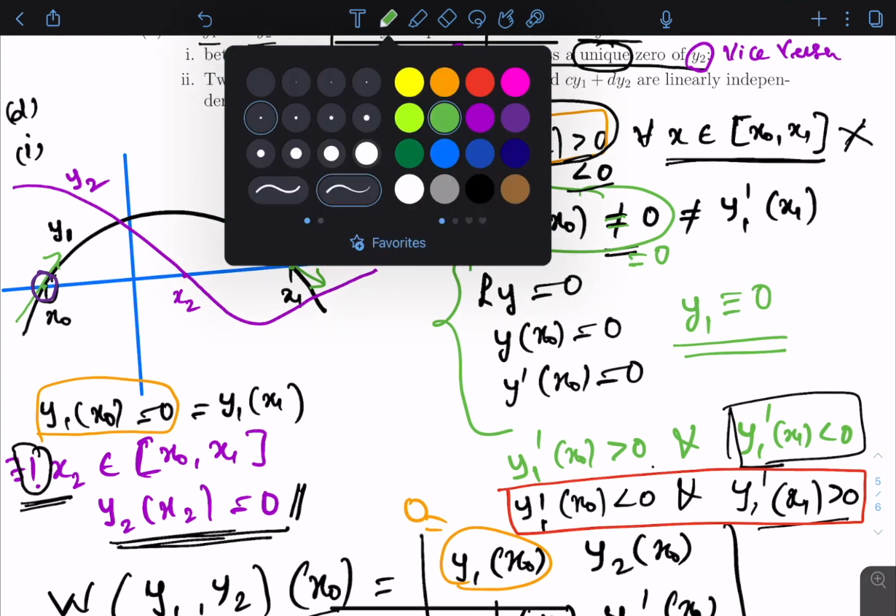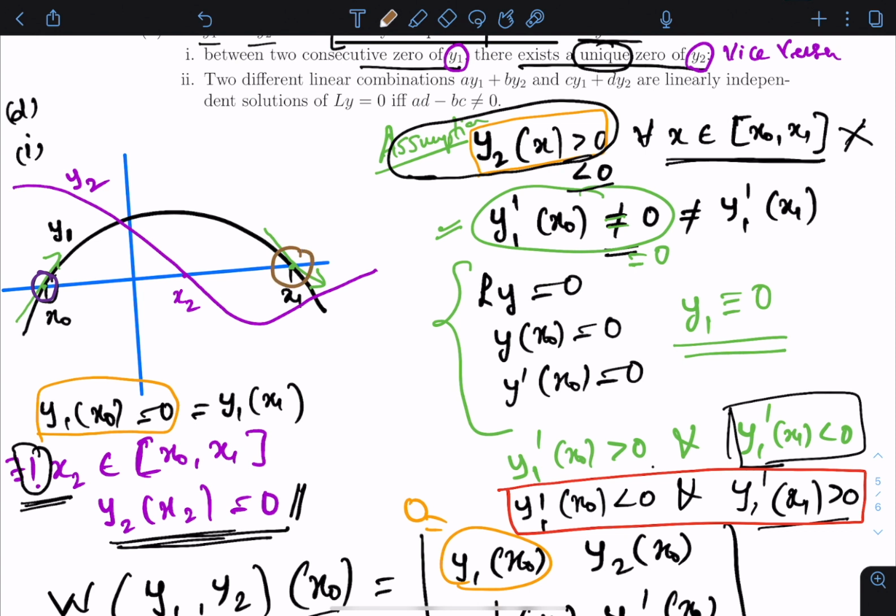Between two consecutive points, if there is a 0 x0, and let's say there are more than one 0, which means this function is not actually going here but is coming here and taking a turn here and taking another 0 here.